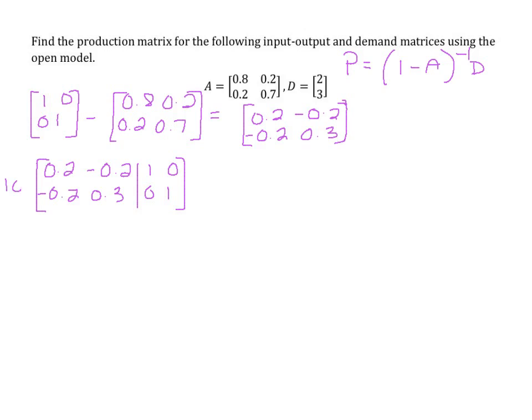So I'm going to multiply every item by 10. So 0.2 times 10 gives me 2, negative 2, 10, 0, negative 2, 3, 0, and 10. So this helps get rid of the ugly decimals.